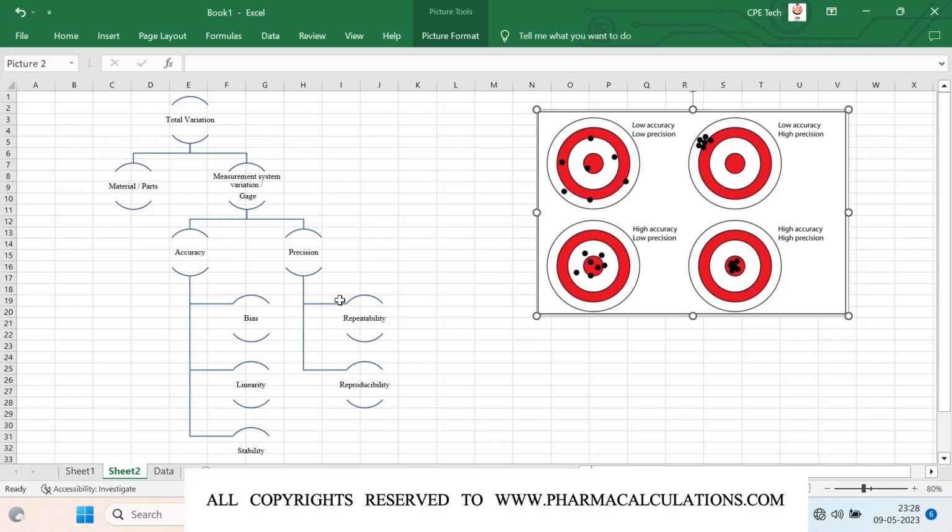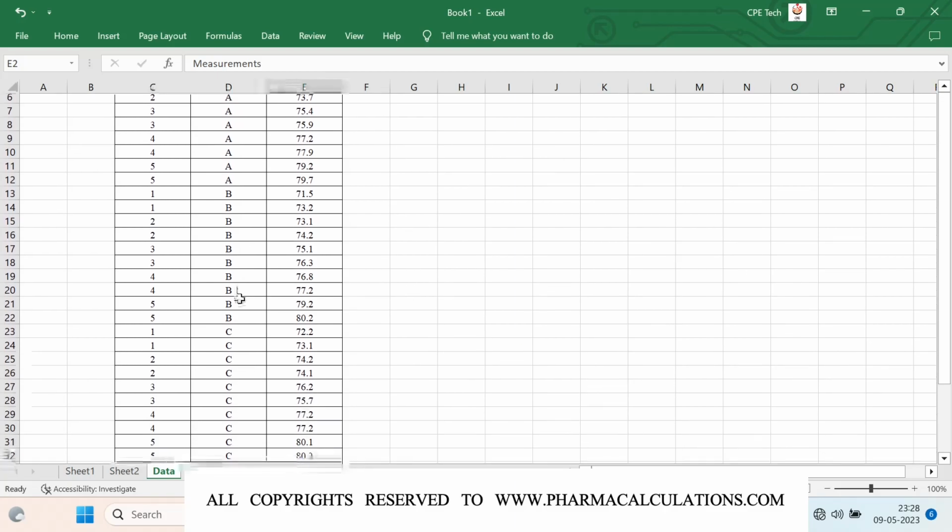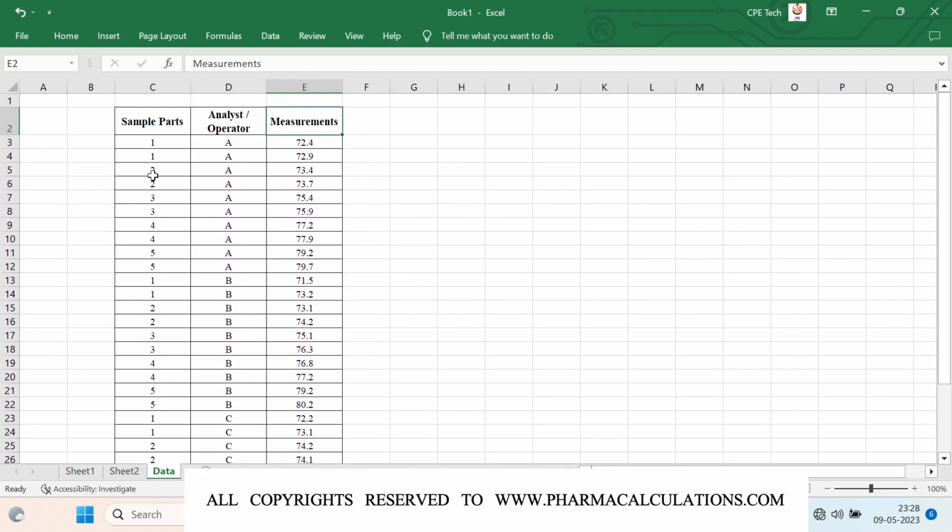To understand that, I have taken certain data I have collected. Here I have collected a total of 5 parts or 5 samples, and each sample has been analyzed twice by a total of 3 operators. The operators or analysts are, let's say, A, B, C. So the 5 samples have been analyzed by 3 operators twice.